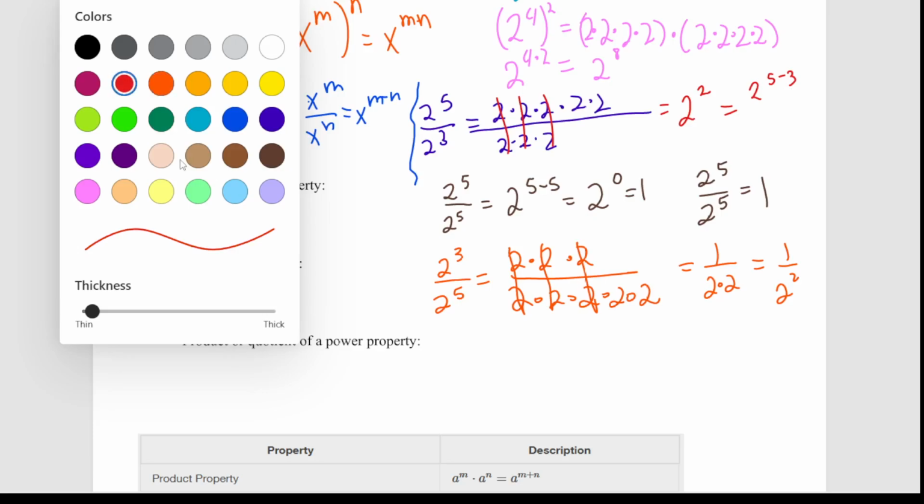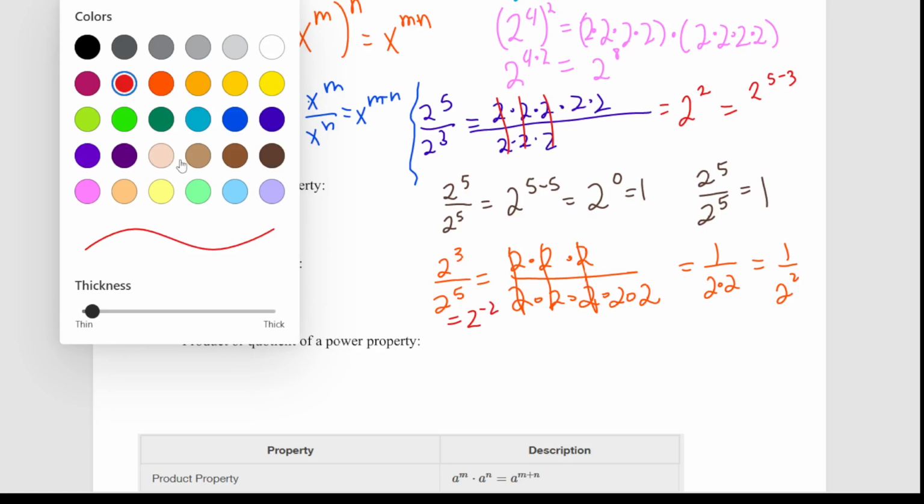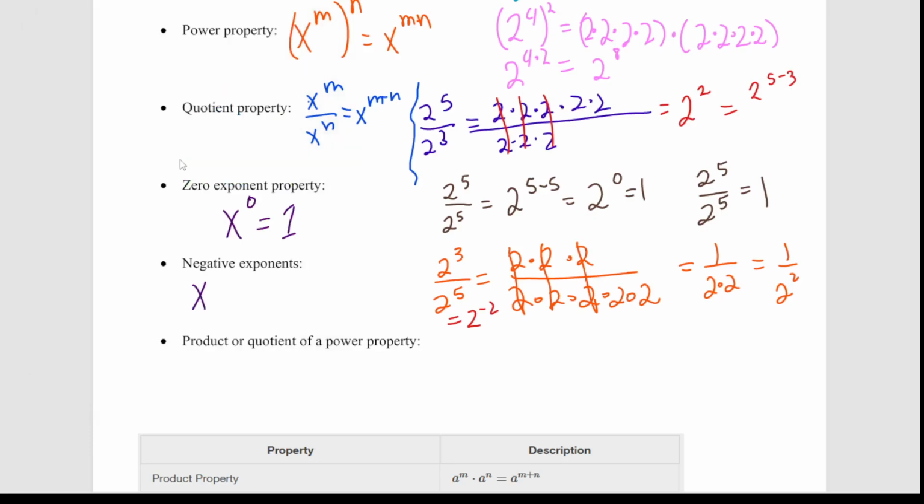And by the quotient property, 2 to the 3rd over 2 to the 5th should have given me 2 to the negative 2nd, since 3 minus 5 is negative 2. And 2 to the negative 2nd I know is now equal to 1 over 2 to the 2nd. So the generic way of saying that is if I have x to the negative n, that's the same thing as 1 over x to the n. So I can always flip where it is in the fraction, or write its reciprocal, and then take it to that positive version of the power.